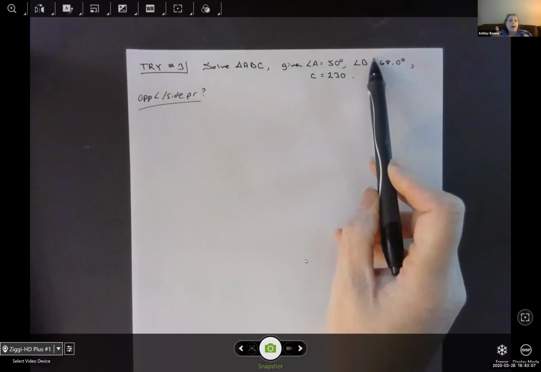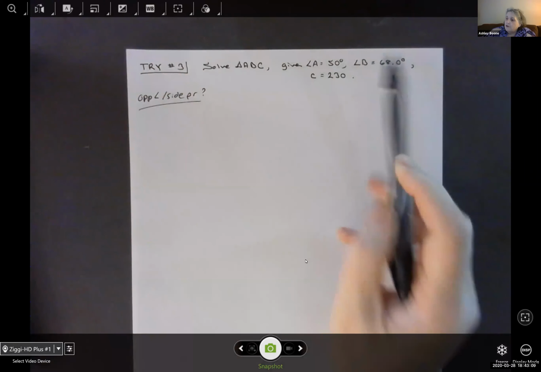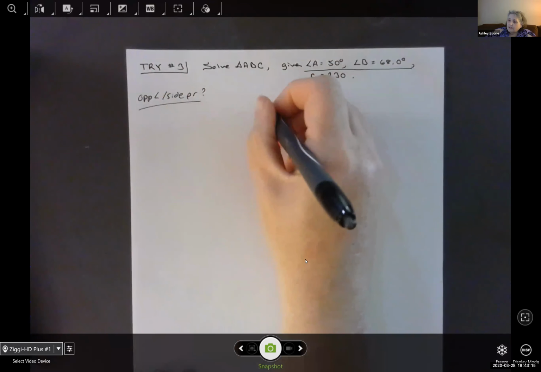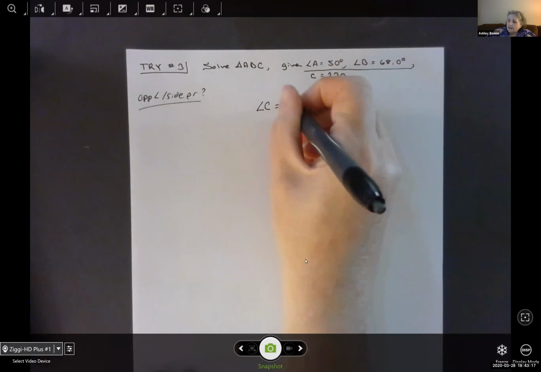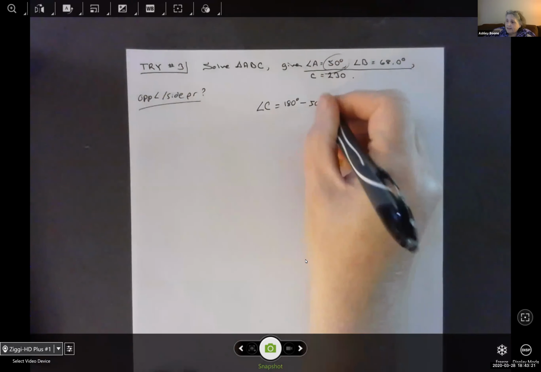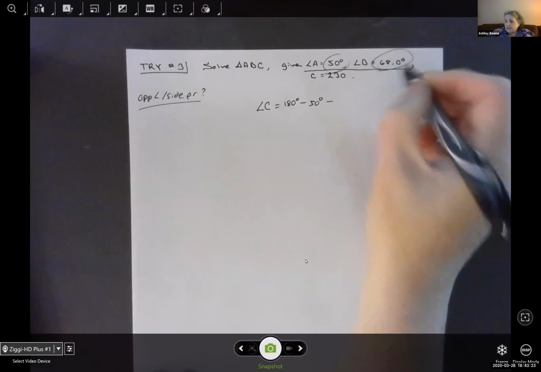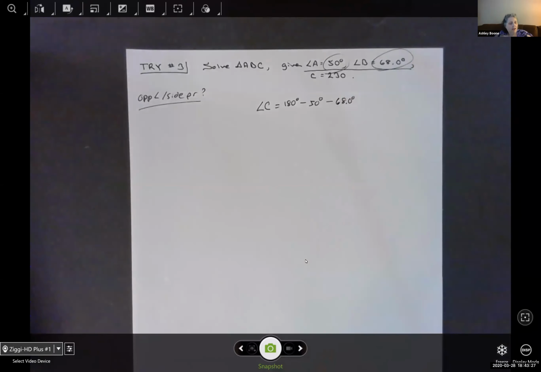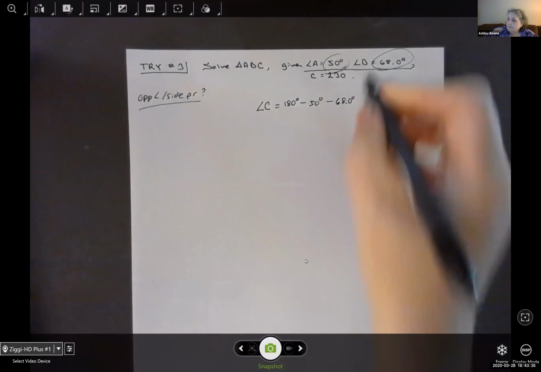However, remember, if you know 2 angles, you're going to know your third angle. We can get C quickly. Angle C is going to be 180 degrees minus angle A, which was 50, minus angle B, which was 68. So let's see, 180 minus 50 minus 68 is 62 degrees.